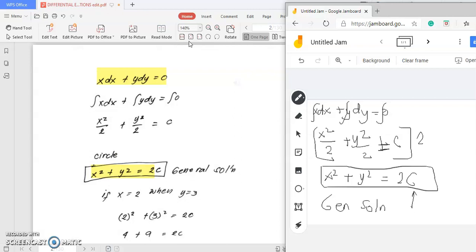If I arrange them so that they fit and have the same center, we assume this is the same center. Therefore, these two circles have the same general solution.